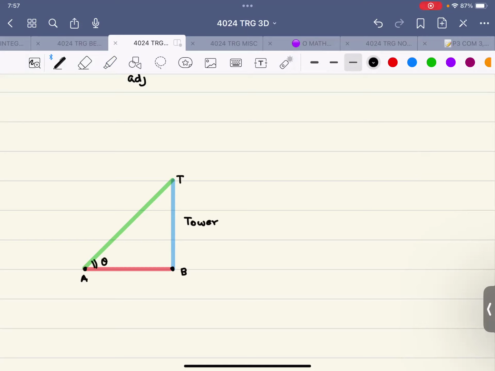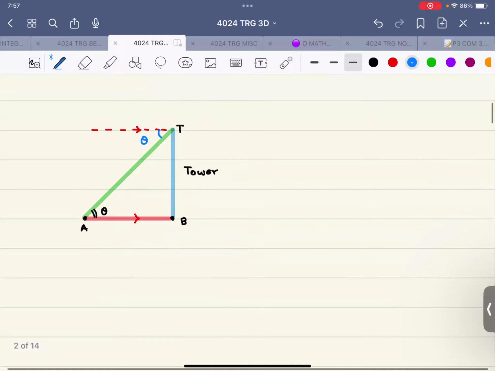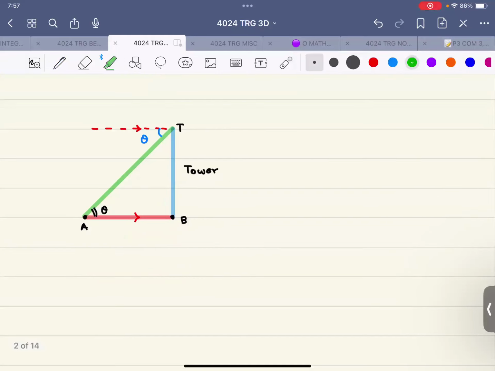This angle is theta. If I draw a horizontal like this, therefore these two lines are parallel. Therefore, this angle is also theta. So let me introduce the terms angle of elevation and angle of depression.